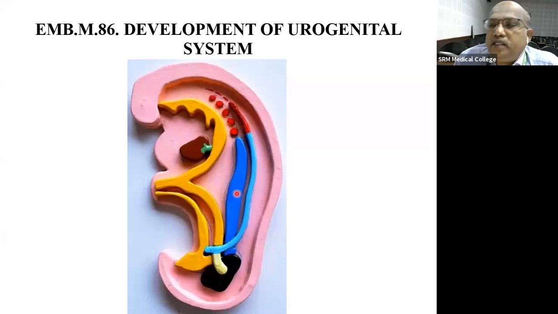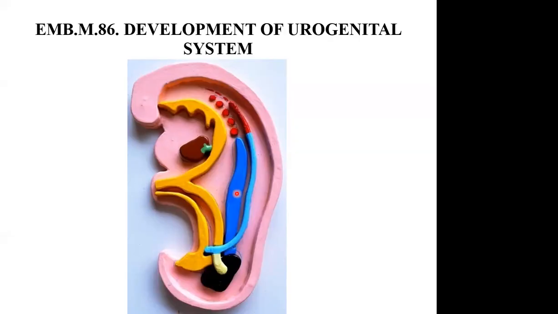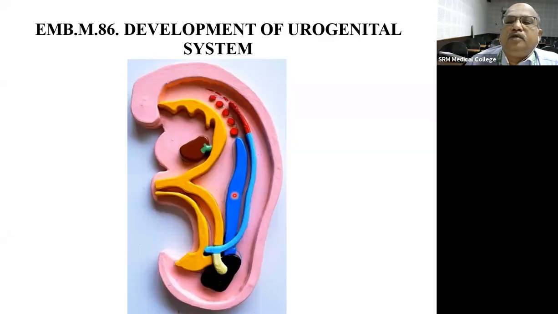What are the three stages of development of the kidney? Pronephros, mesonephros, metanephros. So this is your pronephros. This will be the mesonephros. This will be the metanephros.